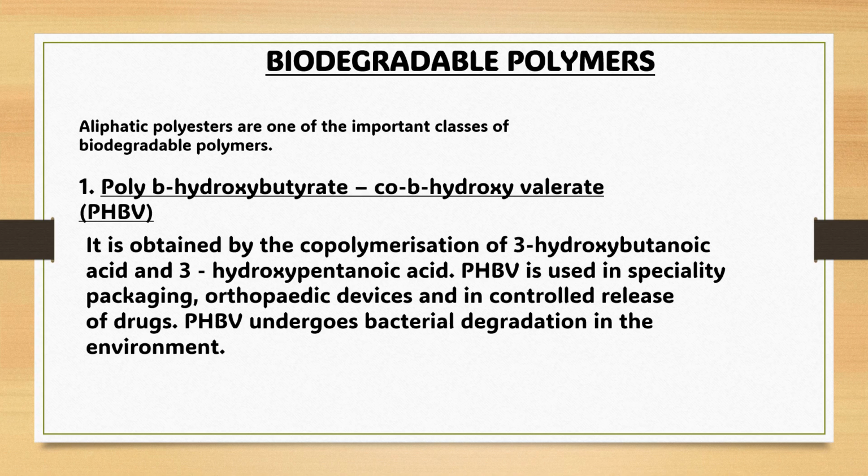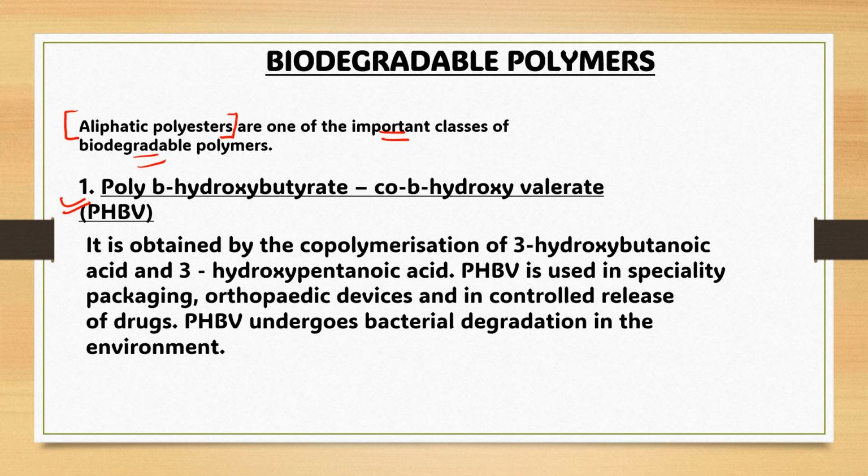So first is PHBV and second is nylon 2, nylon 6, which is mentioned in our NCERT. One more important thing is that aliphatic polyesters are important classes of biodegradable polymers. So how is this PHBV formed? First we have to remember the name of this compound: poly beta hydroxybutyrate co-beta hydroxyvalerate.